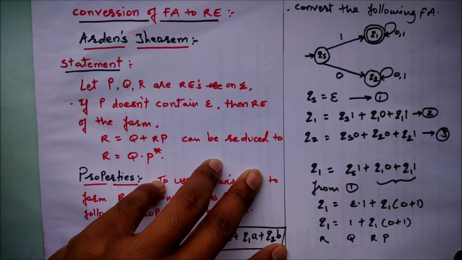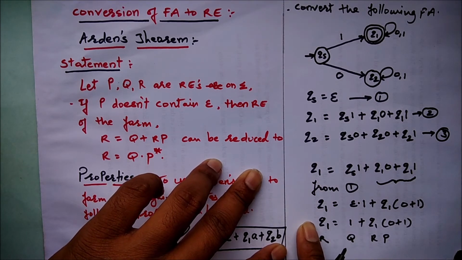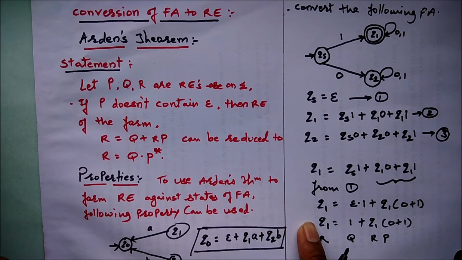So now I have got the equation in the form of R is equal to Q plus RP, right? So now I can reduce it according to Arden's theorem to the equation R is equal to QP star. So how can I write this? R is equal to QP star, right? So Q is 1 and P is here 0 plus 1 and it's a star, right?